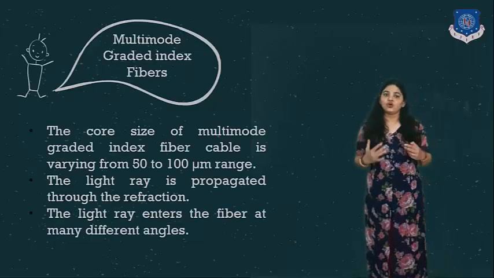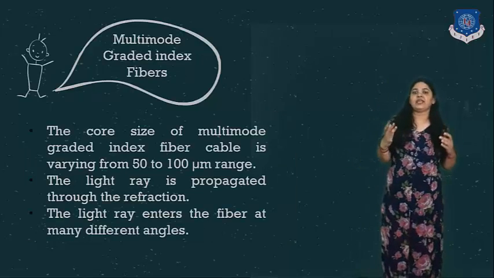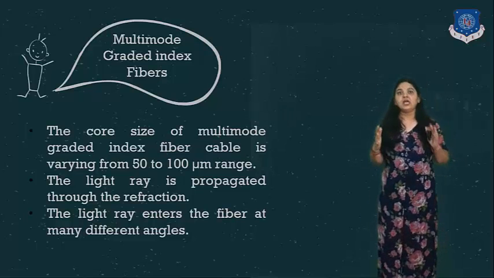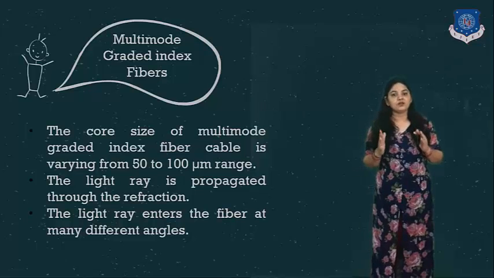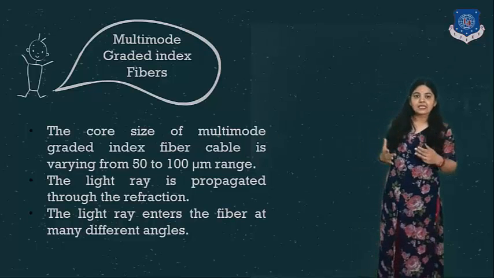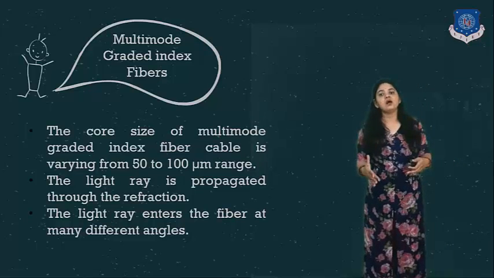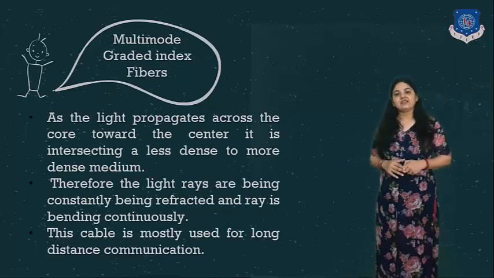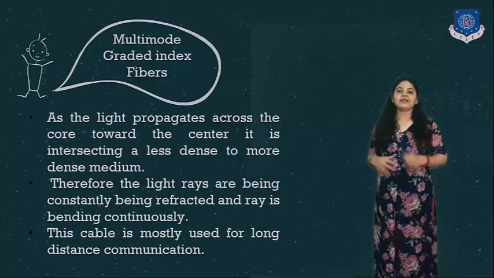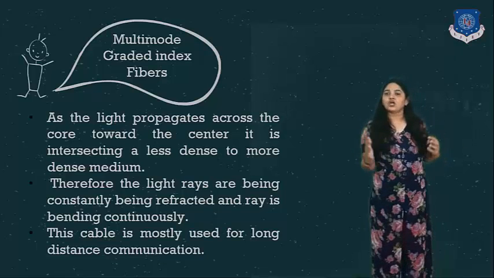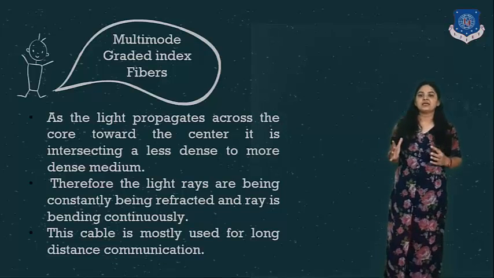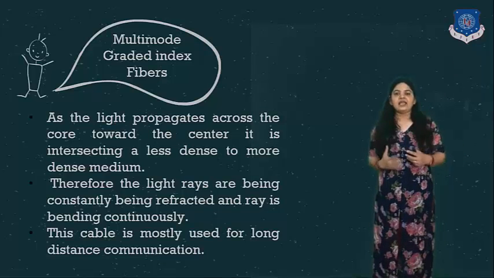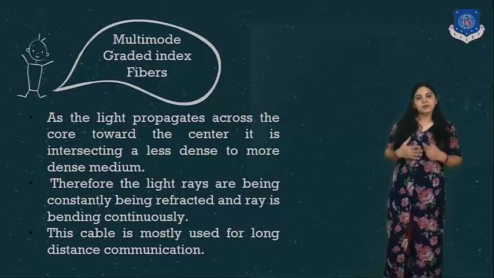The core size of the multi-mode graded index fiber cable varies from 80 to 100 micrometer range, and the light ray is propagated through refraction, and the light ray enters the fiber at many different angles. It can also propagate across the core toward the center, intersecting a less dense to more dense medium.